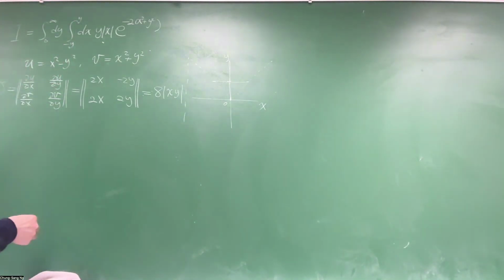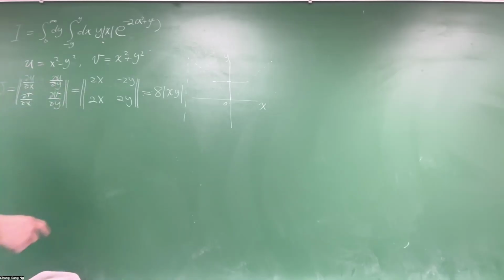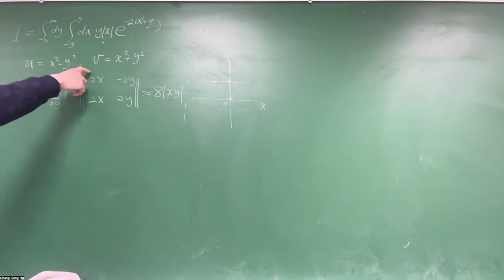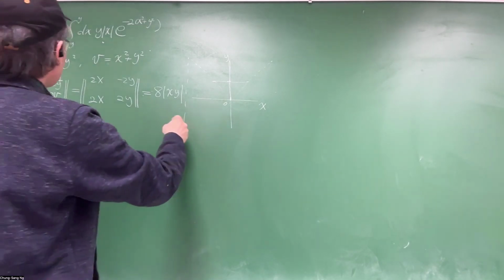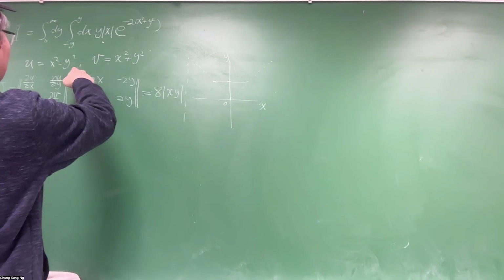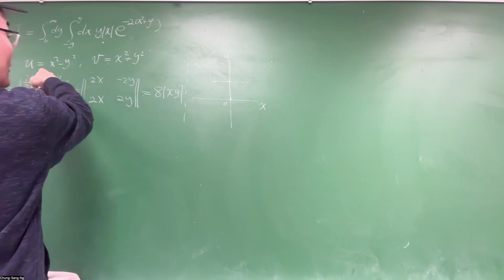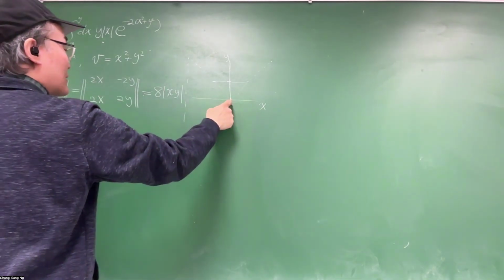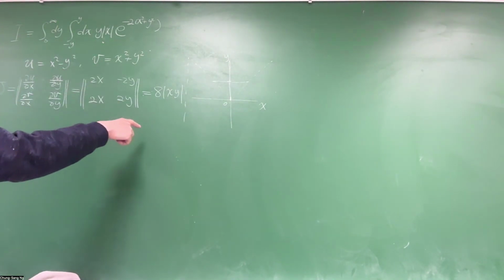And now we try to figure out u and v. For fixed u, you see that this is an equation of a hyperbola. For fixed v, this is an equation of a circle, right? So the hyperbola is, when x is 0, this is all negative along the y-axis because of minus y squared, right?